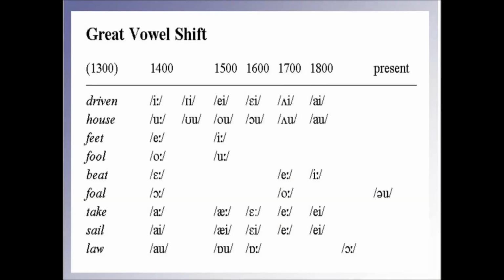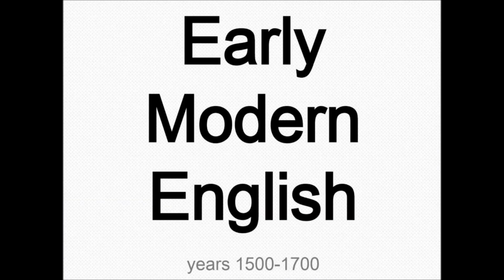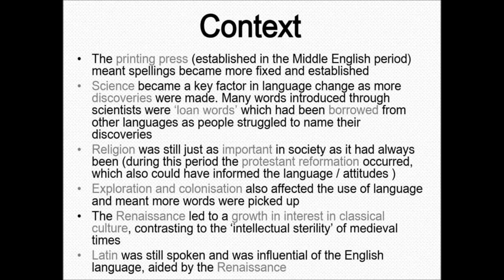So from here we start the early modern English period, from 1500 to 1700. The printing press, established in the Middle English period but which flourished in the Renaissance, meant spellings became more fixed, established and standardized.